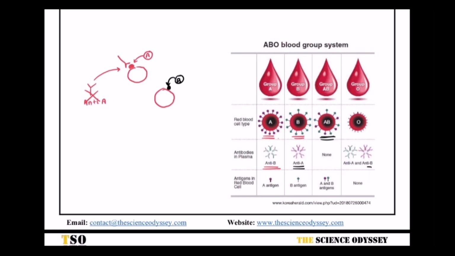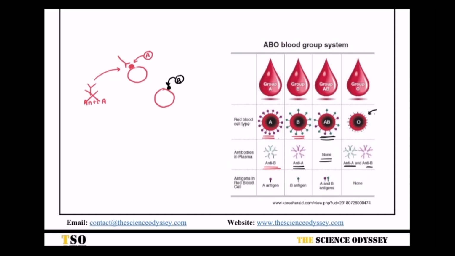In that case, you cannot have either anti-A or anti-B antibodies, so none is present. And finally, when you have the O blood type, then you can have both anti-A and anti-B, because neither determinant A nor determinant B is present, right? So these are the few things you need to keep in mind.